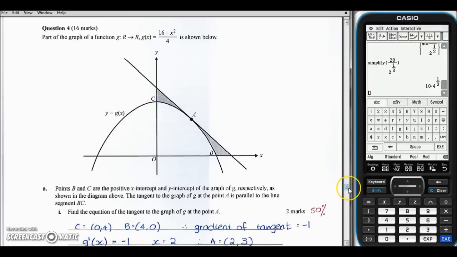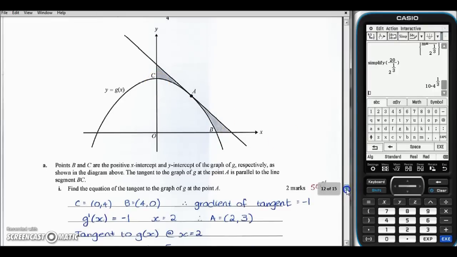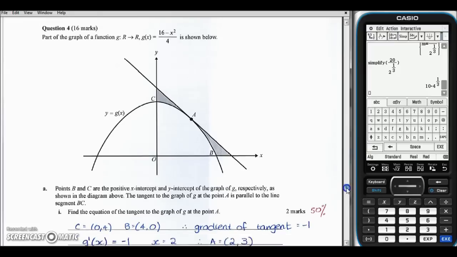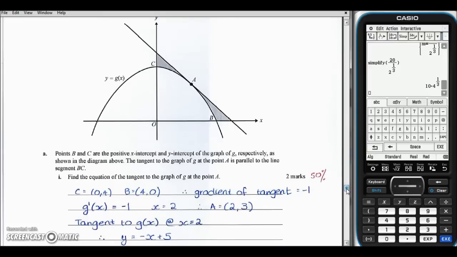So the first question, find the equation of that tangent. We can work out that B is the point (0, 4) and C is the point (4, 0) easily enough, by letting x equal 0 and y equal 0, or however you want to do it.